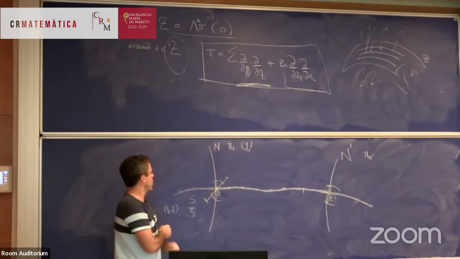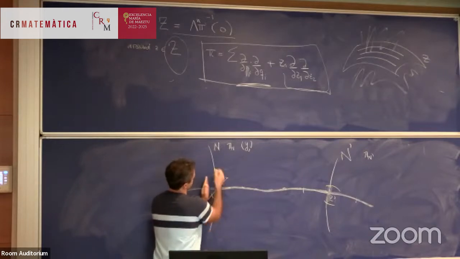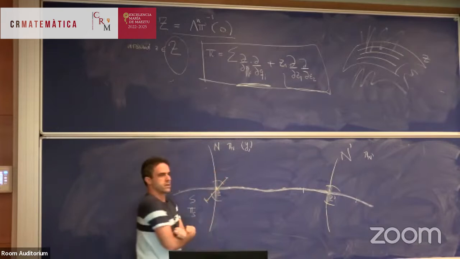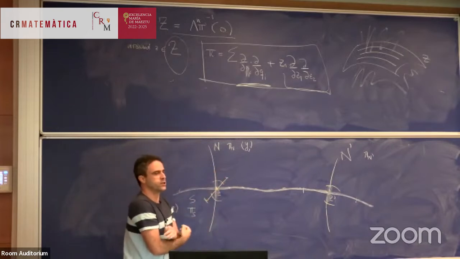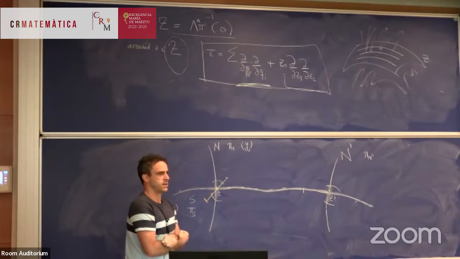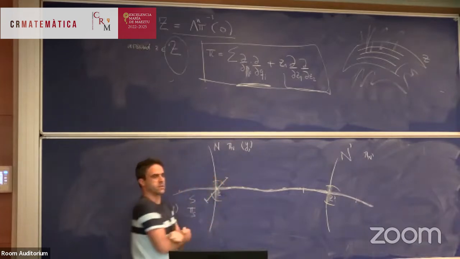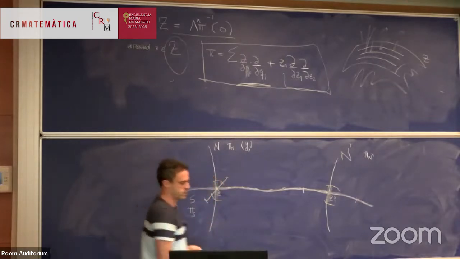What one can show is that around this point, these two Poisson structures are what's called gauge equivalent. They differ by a two form, as I explained in the problem set. This two form is exact, and you can use a Moser type argument to make them coincide. So this is in the problem set.